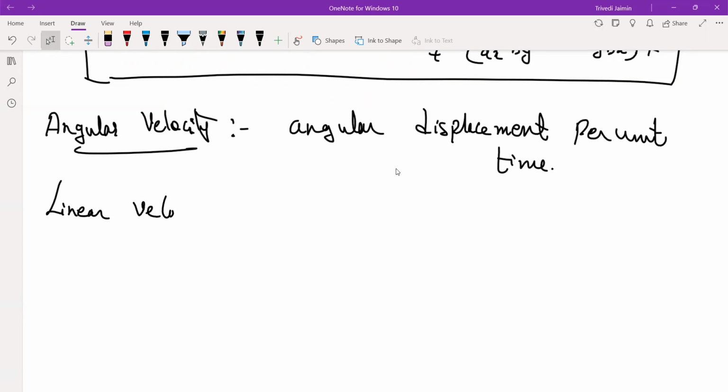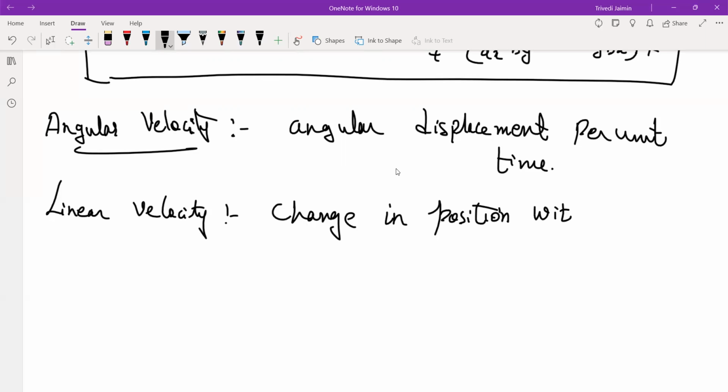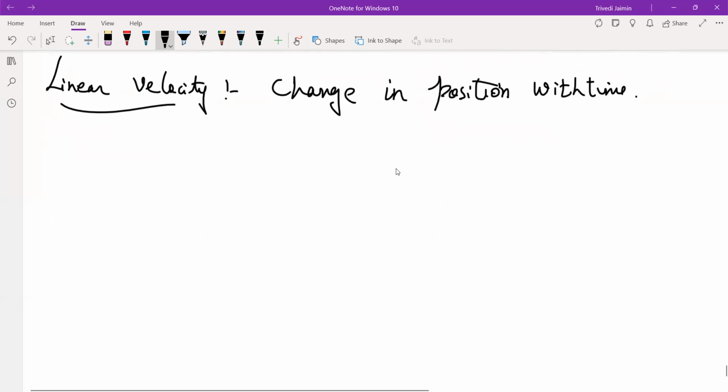Linear velocity was displacement by time, or change in position with time. That was linear. Now some more things we studied in linear velocity.